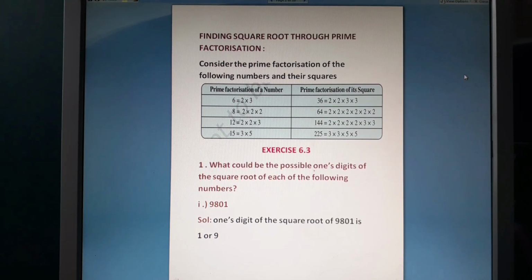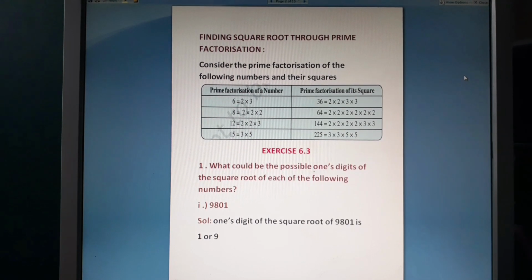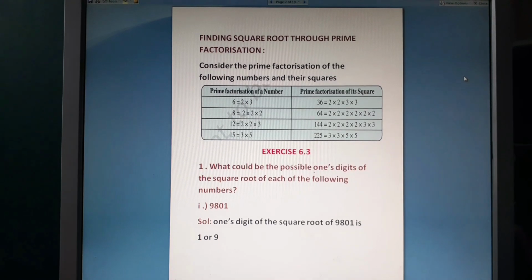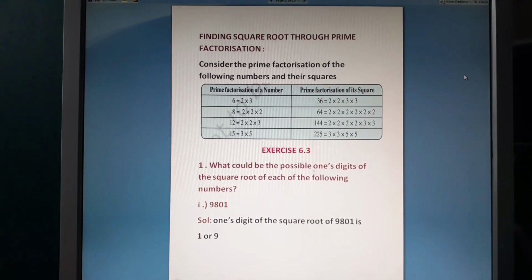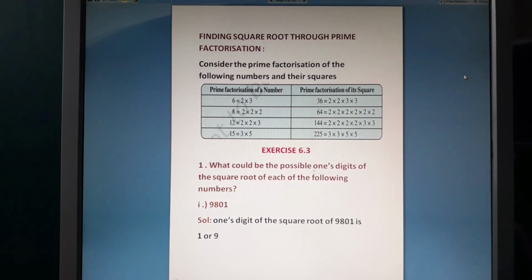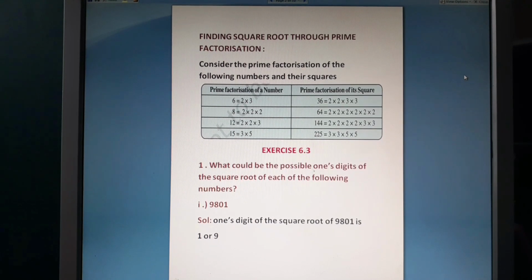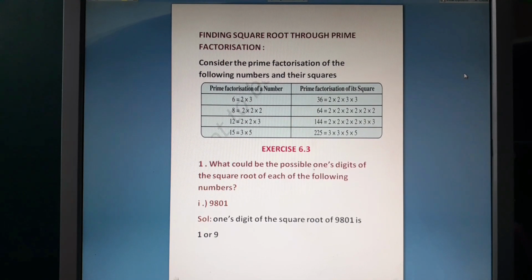See the table once again. How many times does 2 occur in the prime factorization of 6? Once. Yes, it is only one time. How many times does 2 occur in the prime factorization of 36? It is twice.